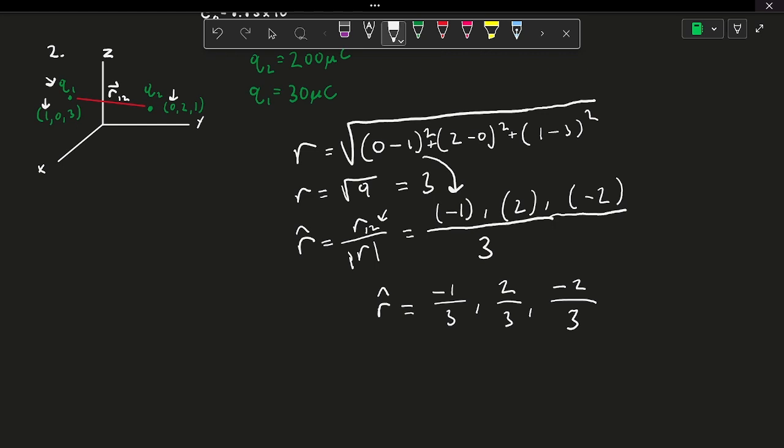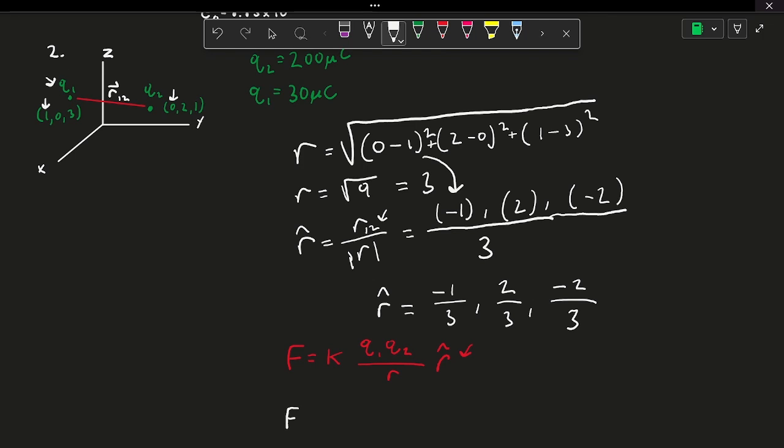Now, we have the ability to plug this into Coulomb's law. Coulomb's law is F equals K, which is a constant, times Q1, Q2, all over r squared. And later, we're going to see an r hat. This is our direction vector.